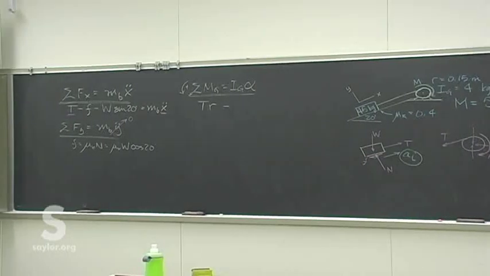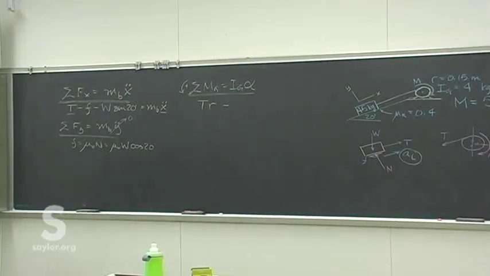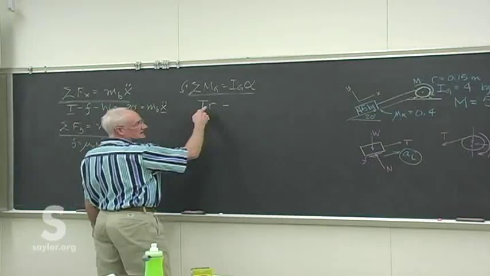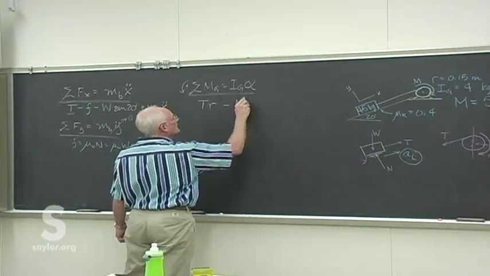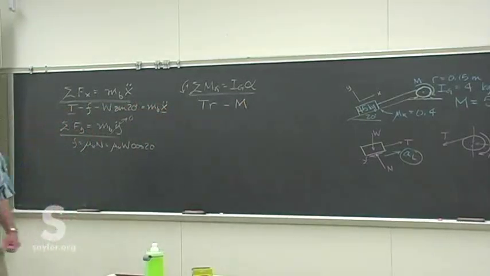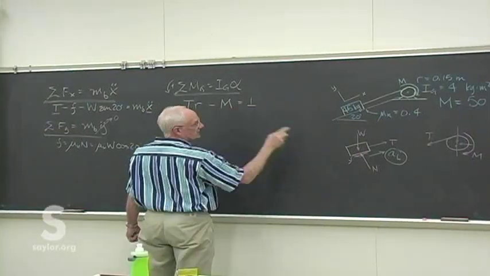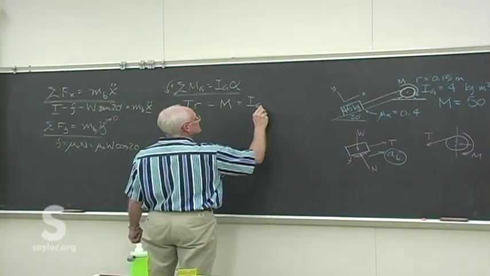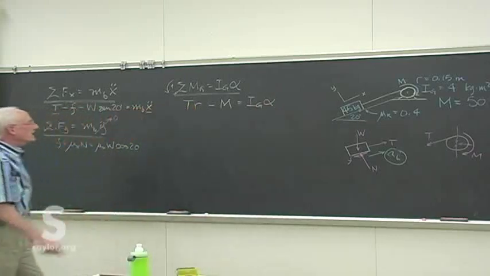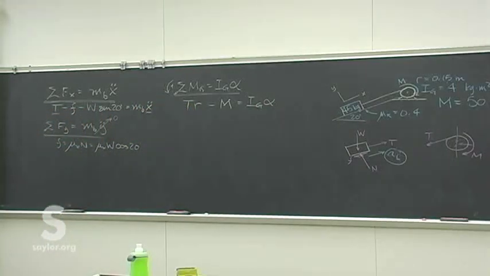You don't have to, but it makes things a little easier. So we've got the tension trying to turn it one way, the moment exerted by the motor trying to turn it the other way, and the difference between those two is going to cause the acceleration. Actually I drew the acceleration in the wrong direction, so it would come out now as a minus sign, so we knew we drew it in the wrong direction.